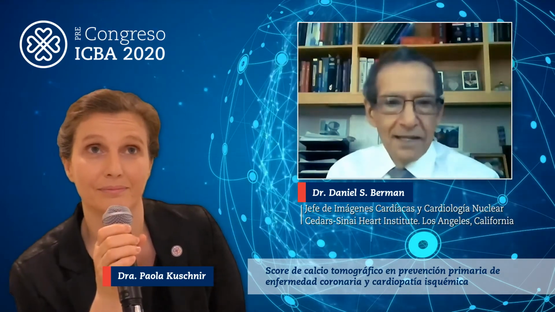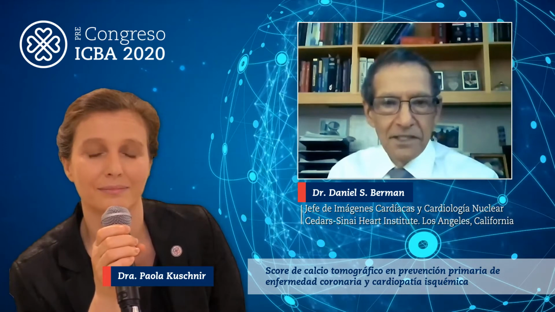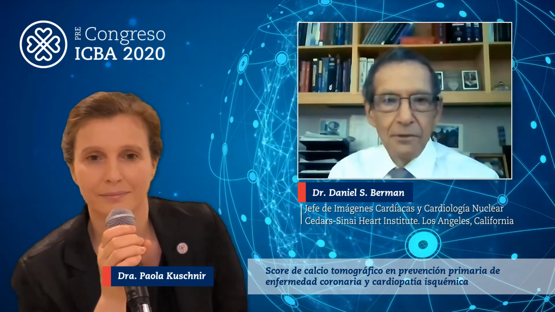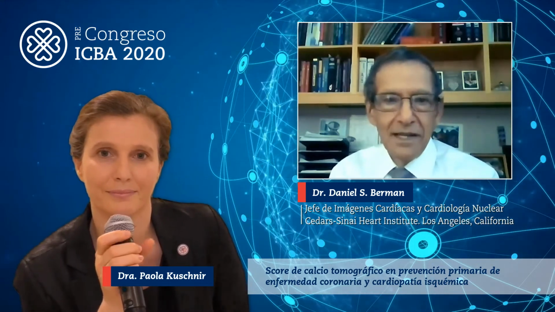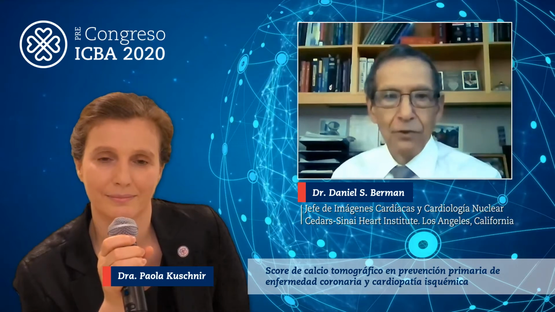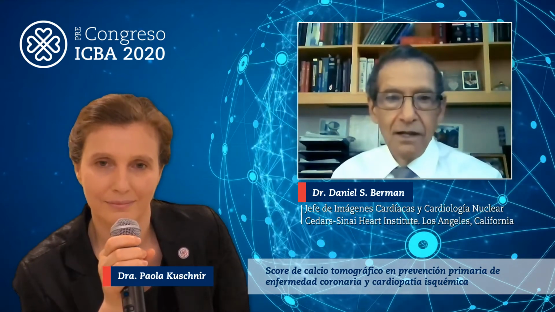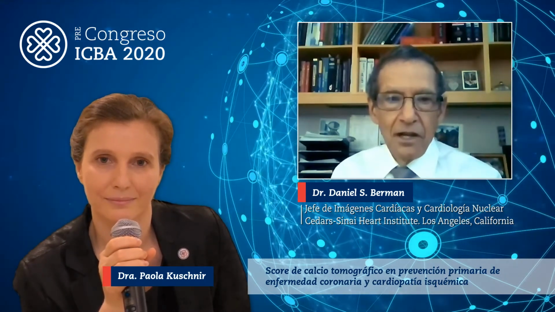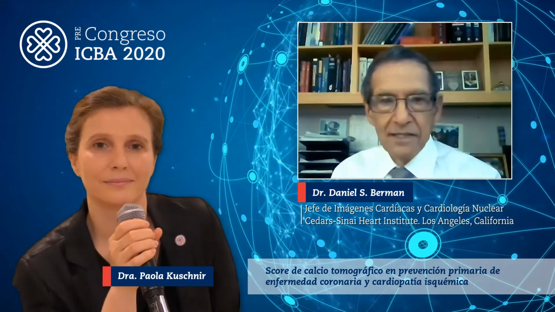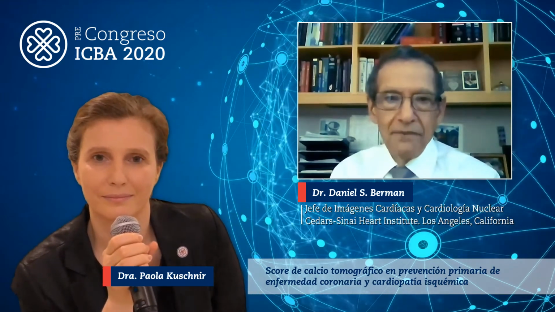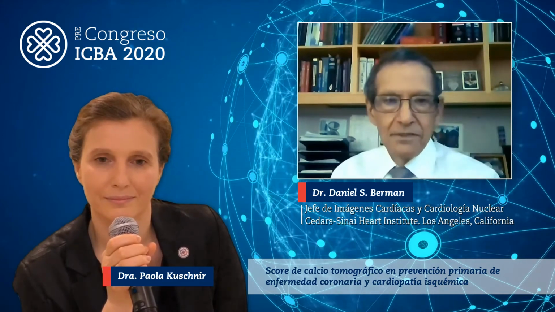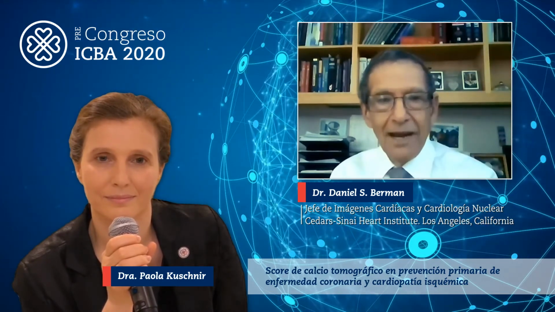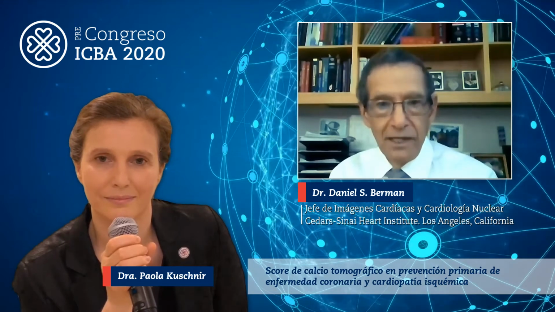Well, the calcium scan ends up being very useful in patients who have an intermediate risk. This could be defined based on the conventional risk scores as a 7.5% to 20% 10-year risk of cardiovascular disease events, or it could be 5% to 20%. In these patients, it's really uncertain many times about how aggressively they need to be treated.